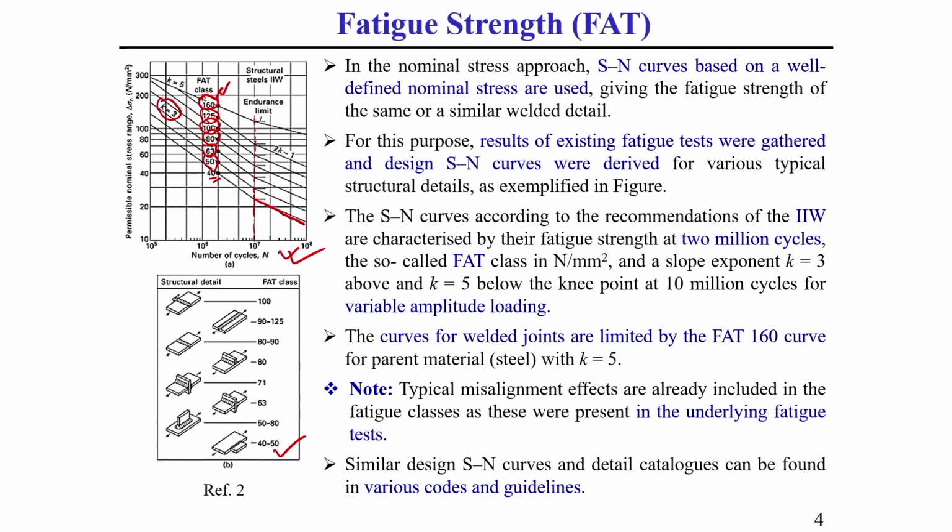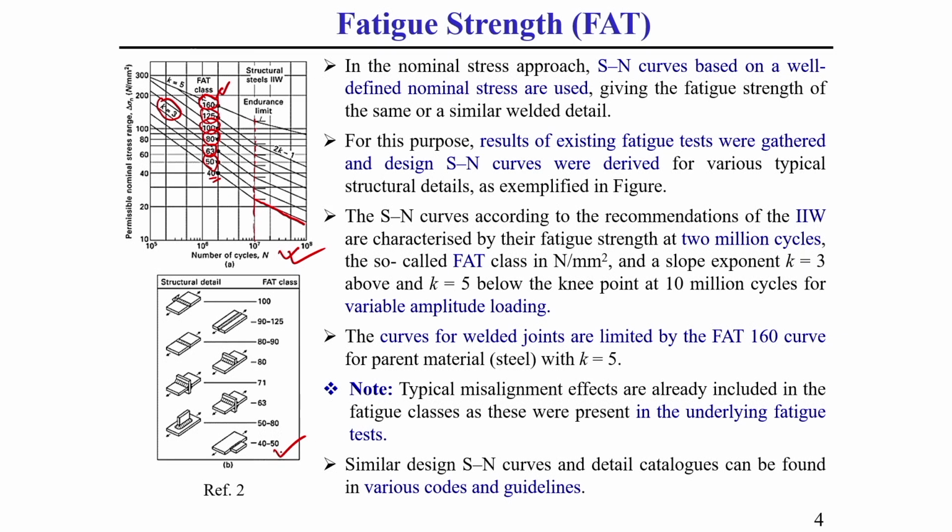First of all, we need to decide the FAT value according to the geometry of the weld structure. We can get this from classification societies as well as different standards. Here, one of the standards I am showing is the IIW standard.